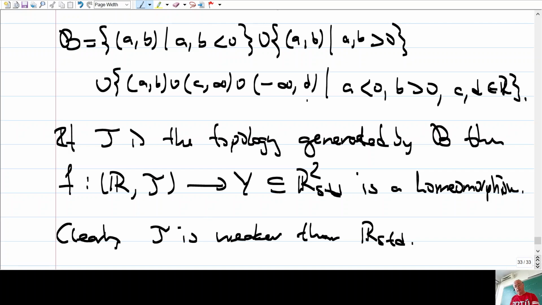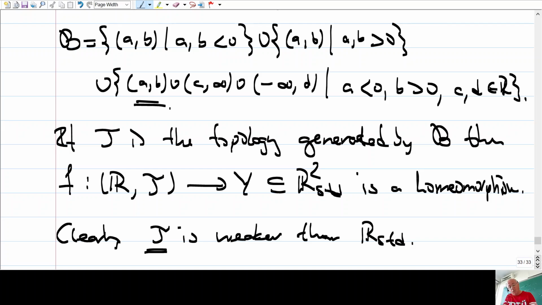So if, for example, this is the basis, then it is figure 8. You see, an interval of only this type, where A is negative, B is positive, is not open in this weaker topology, right?